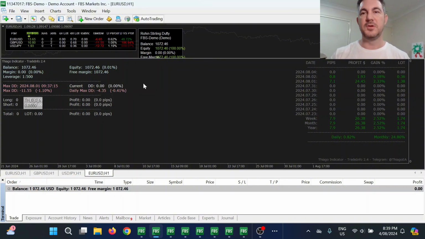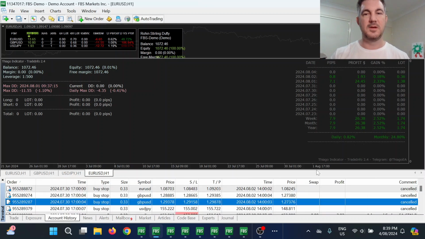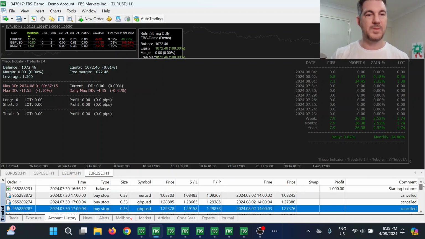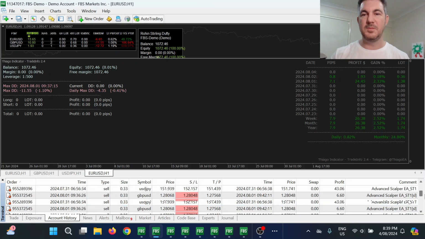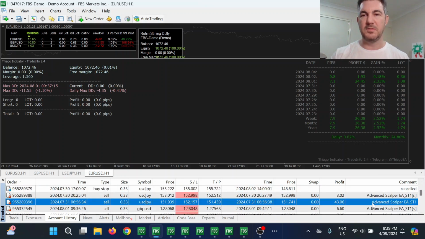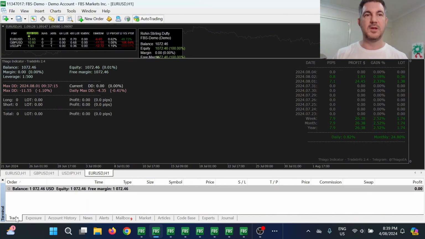Max drawdown is $11. It does use bigger lot sizes, so 0.33 and 3.5 and 3.6, but it has made $72. That was the biggest one. UJ, I don't know why it's not popping up here, but I did restart this computer on the weekend, so maybe it just hasn't picked them up. But yeah, very, very good.